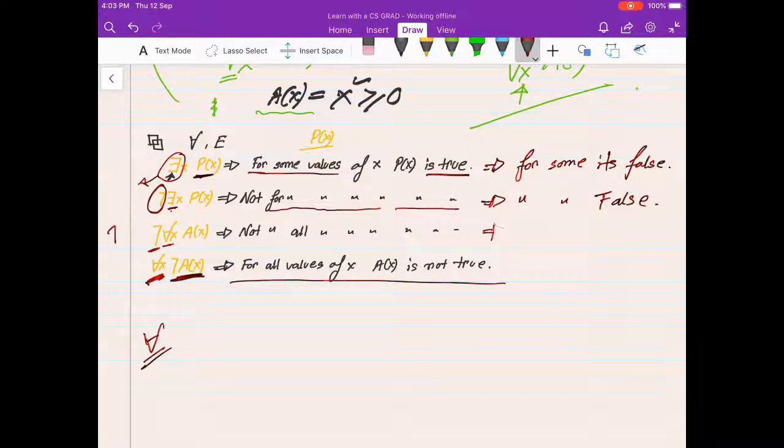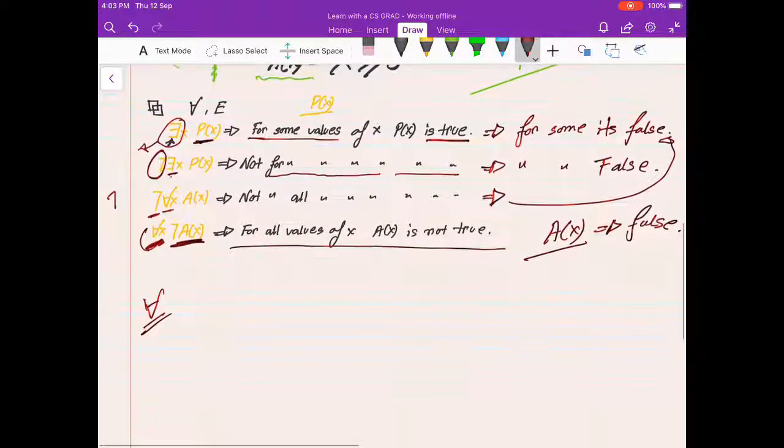So this is kind of similar to the first one, because I would go back to that once more. However, let's look at the last one. So for all values of x, A of x, the function, is not true. So anything that you put into this function would always generate a false result.